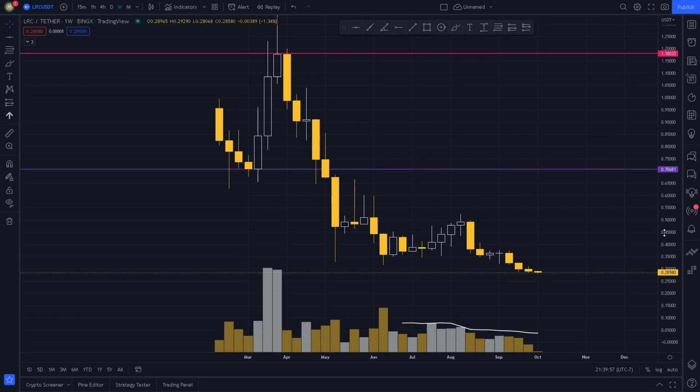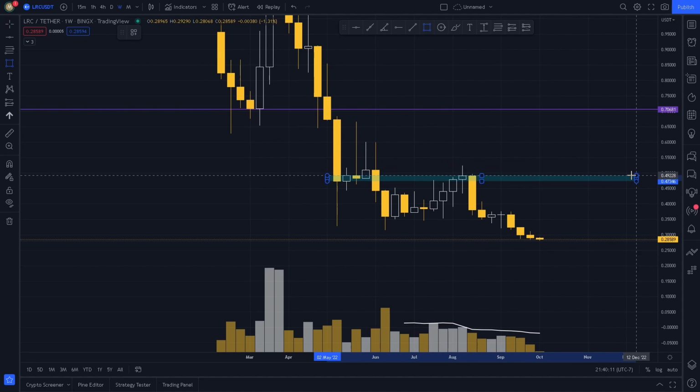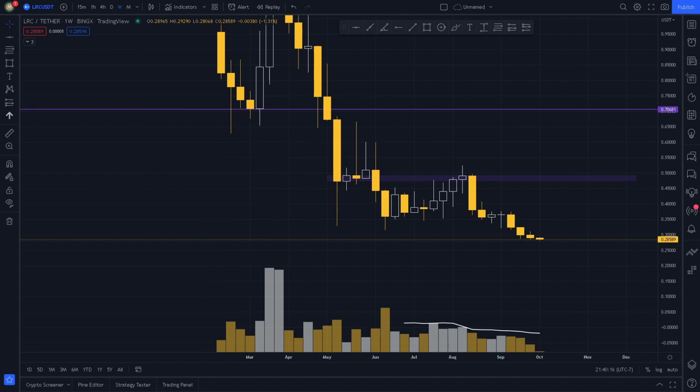So moving on, we notice a key level here. We see price come down and a reaction here. So let's go ahead and draw in a zone. Now, why do I draw a zone in here?